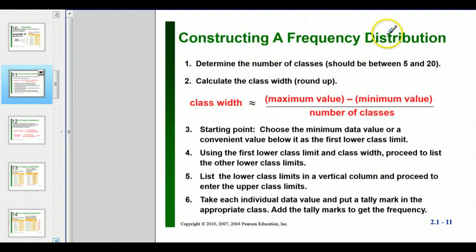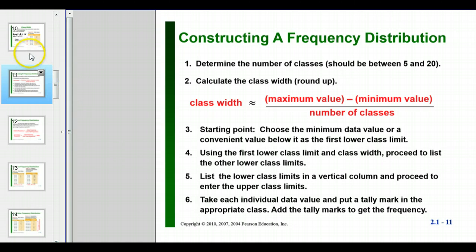Alright, what's the best way to come up with what your classes are going to be, or how we're going to construct our frequency distribution? So, determine how many classes we want. Alright, you don't want any more, any less than 5 classes. And this says 20, but I would really never want to see much more than 10 or even 12 at the most. But our book says 5 and 20.